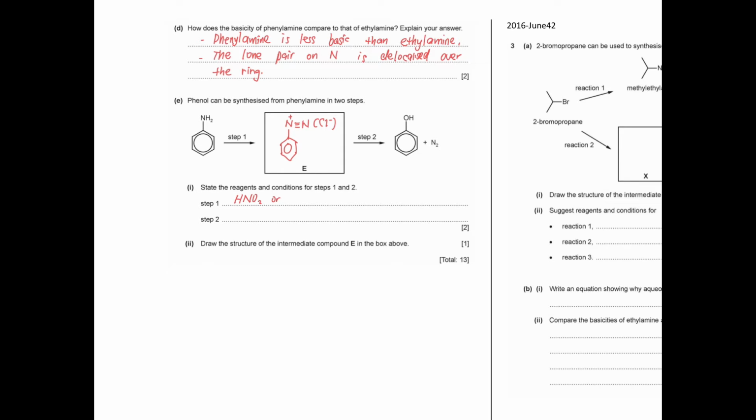Or you can also write sodium nitrite plus HCl. This one will do also. Then we write the condition. Temperature less than or equal to 10 degrees Celsius. Okay, so you have to remember this condition, of course.